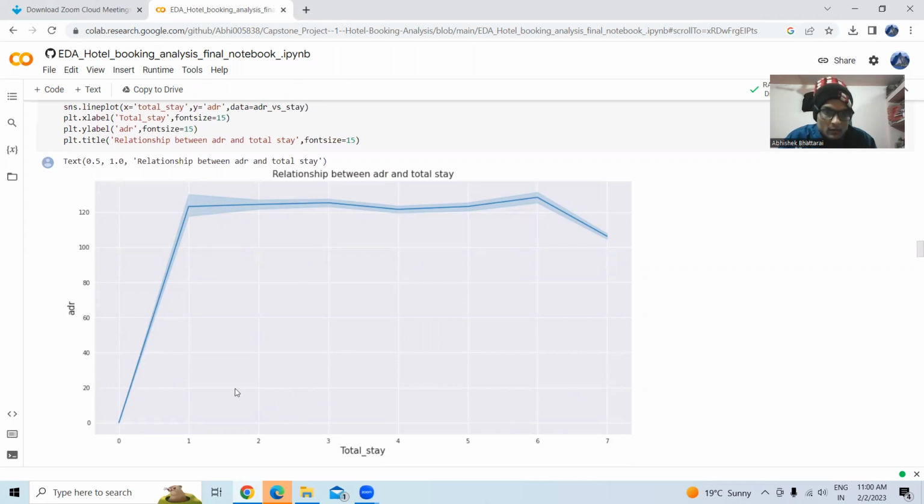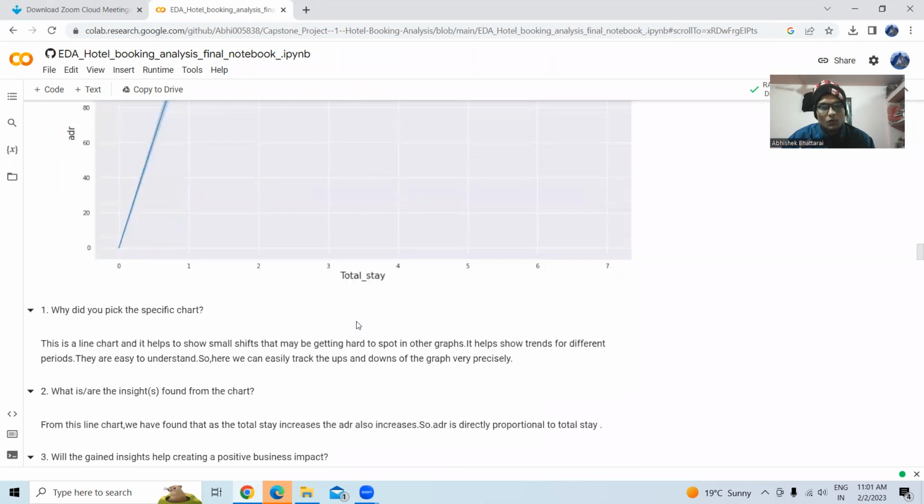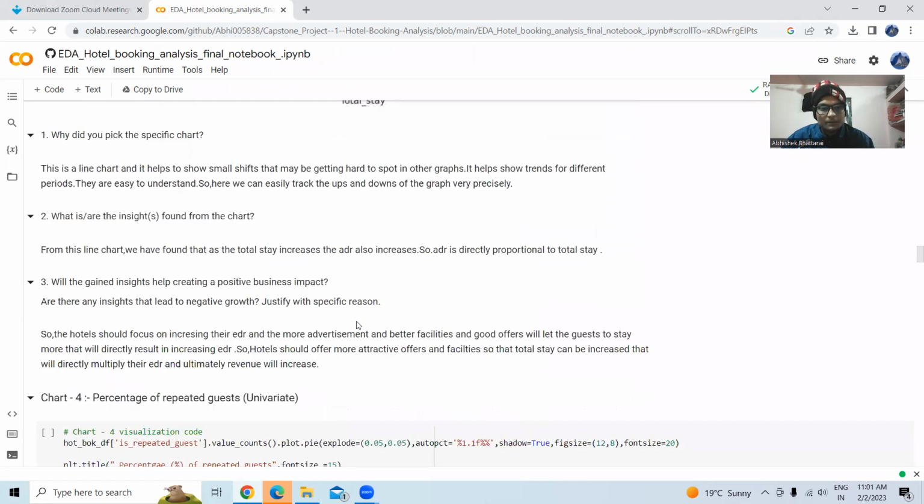With the increase in total stay, the ADR has also increased. From this we can conclude that the higher the total stay, the higher the ADR. So it will be good for the hotel to increase the total stay.